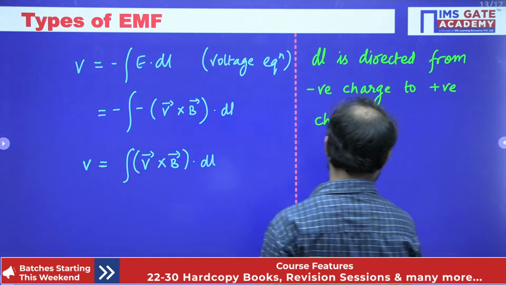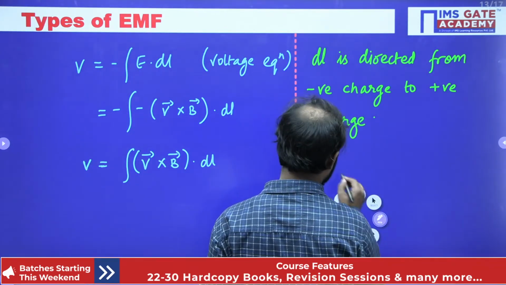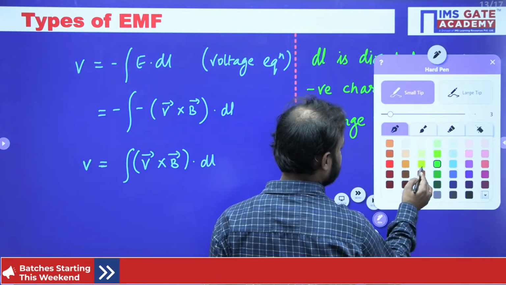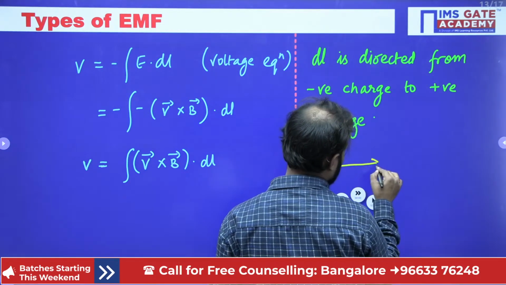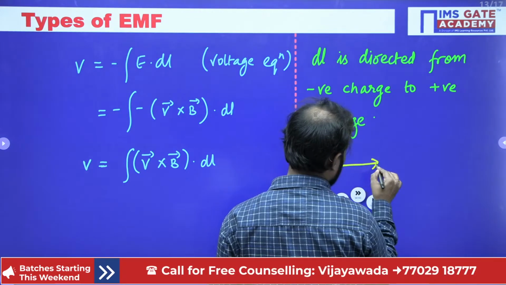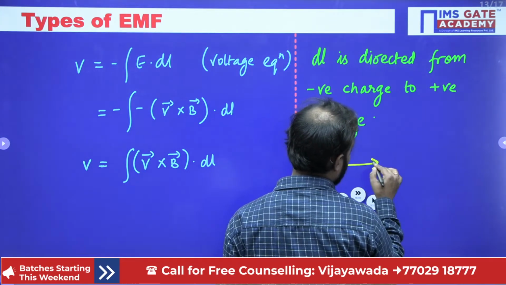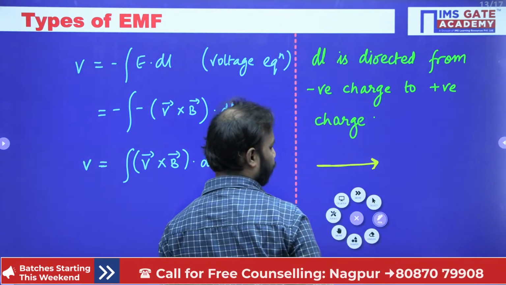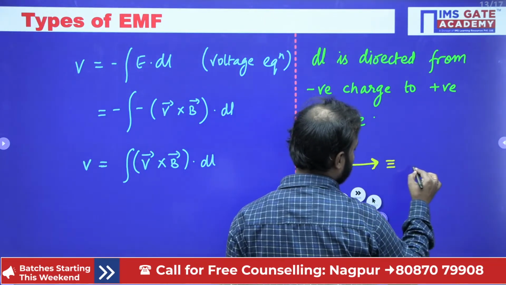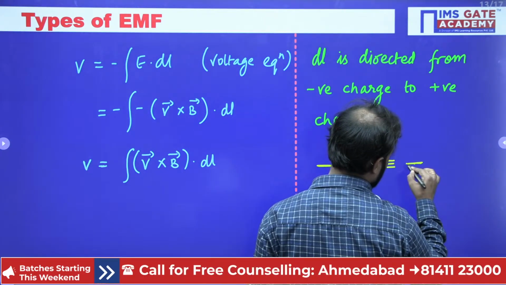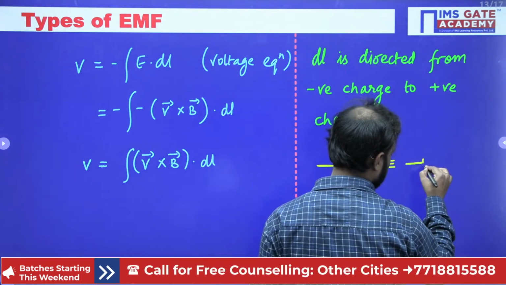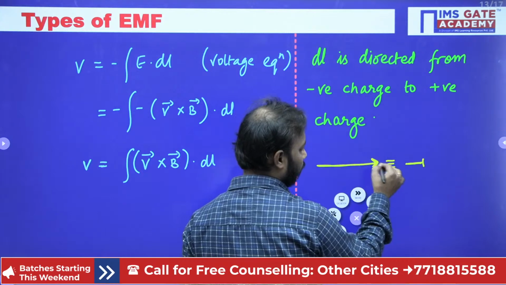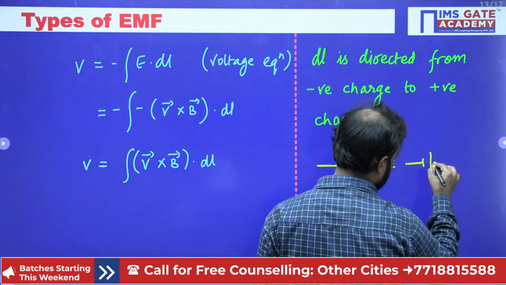Let me mark here. Suppose this is one representation of the battery polarity, and this is equal to what? Basically, negative charge will accumulate at the tail, so minus, and positive charge will accumulate at the head, so plus.